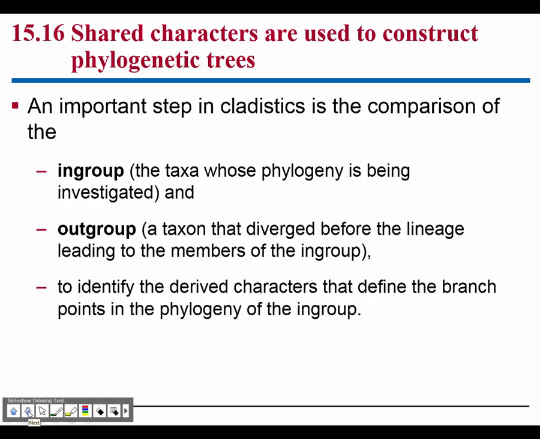So an in-group is what we want to look at when we're investigating whatever question we have. If we want to look at the relationships in cichlids, then that's our in-group. And then our out-group could be a catfish or something like that.